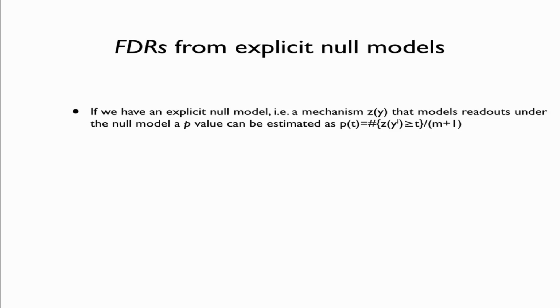As I will show a little bit later on, this is quite frequently the case. If that's the case, we can generate p-values quite easily by just checking the number of null readouts that go above a certain score threshold, the score threshold that we're interested in.